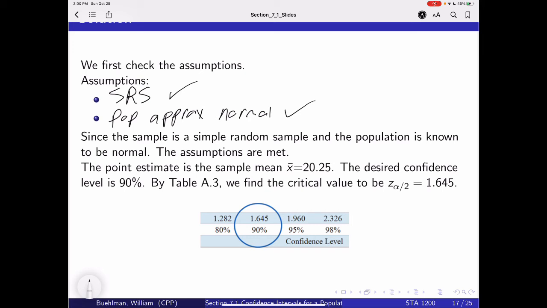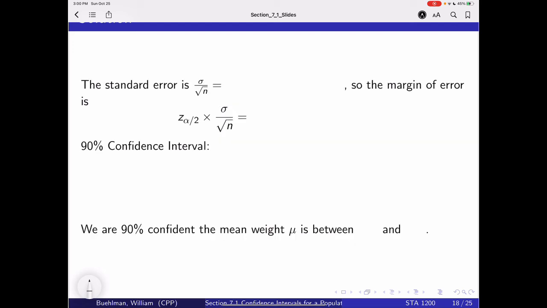The desired confidence level is 90%, so we look at table A3, find this 90%, and we see that the critical value is going to be 1.645. The standard error, sigma divided by the square root of n, is 0.2 divided by the square root of 6, which gives us 0.08165.